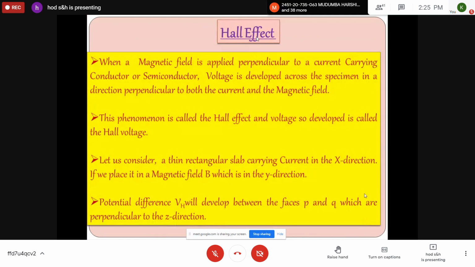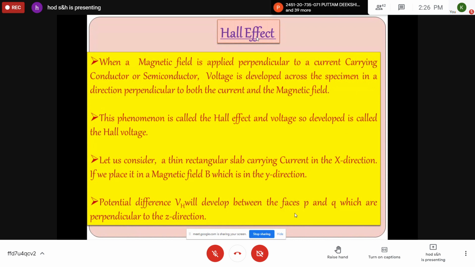So consider a thin rectangular slab carrying current in the x direction. If we place a magnetic field B in the y direction, we assume the magnetic field is applied along the y axis. Then the electrons acquire a velocity which is called the drift velocity. Because of that, they experience a force BeV, where B is the applied magnetic field, e is the charge of the electron, and v is the velocity.